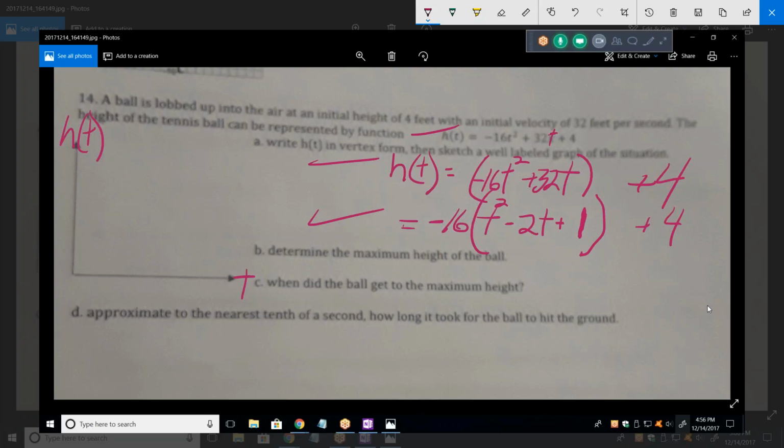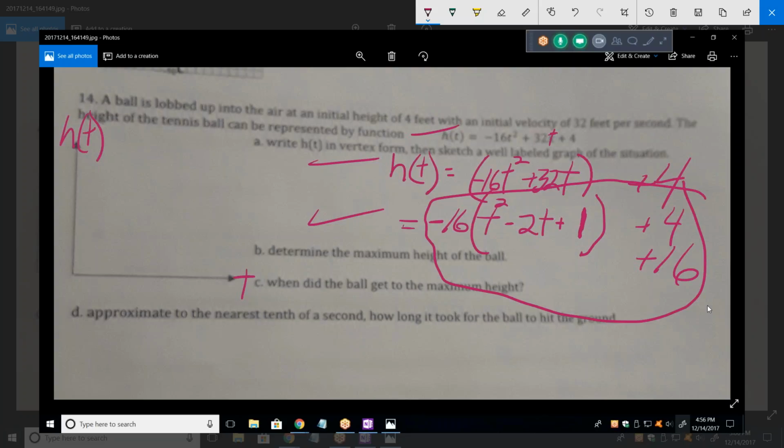That 1 is being multiplied by a minus 16. So what I really did was subtract 16 from the right side of the equation. So I've got to balance it by adding 16.